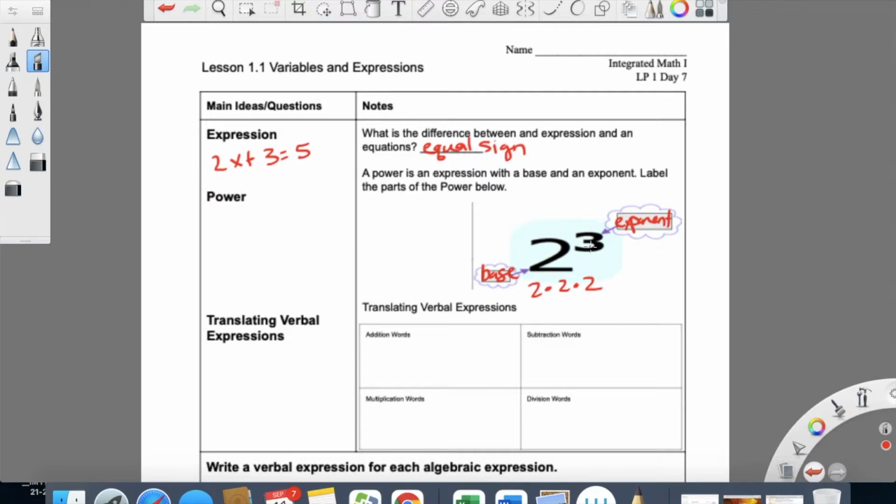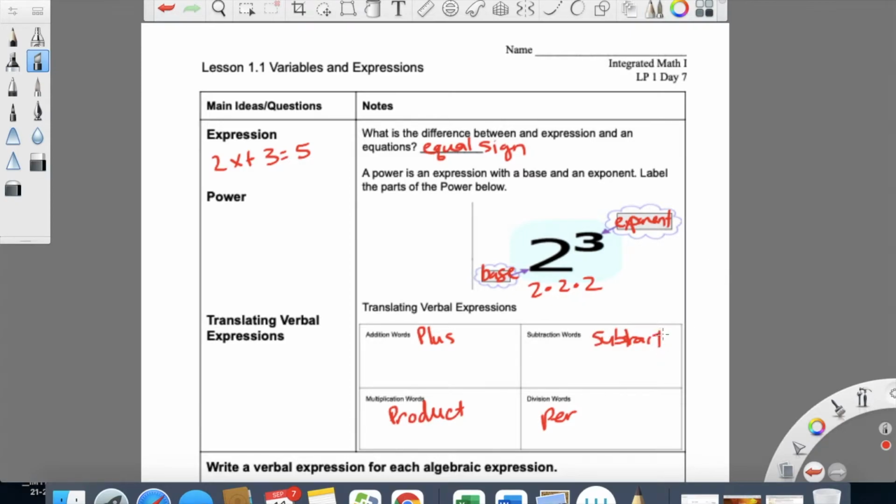Looking at this next piece, translating verbal expressions. We need to know all these key words that help us understand addition, subtraction, multiplication, division. And there are some really easy ones, like plus would mean addition, subtract obviously would mean subtraction, right? Product is an easy one for multiplication, division like per or quotient.